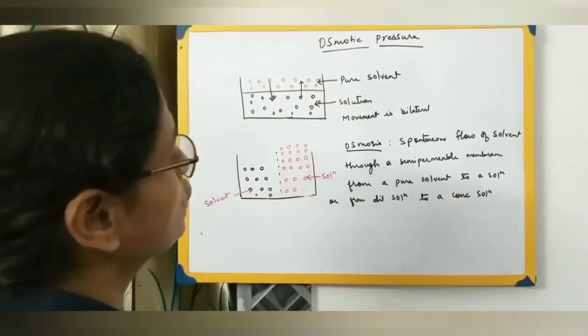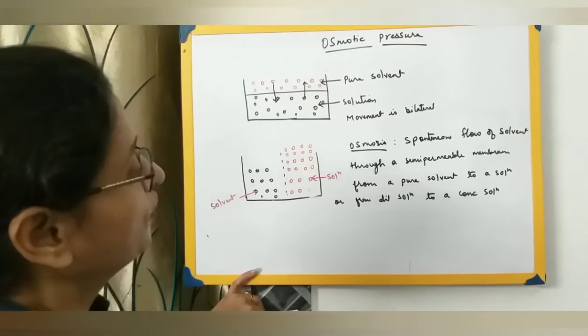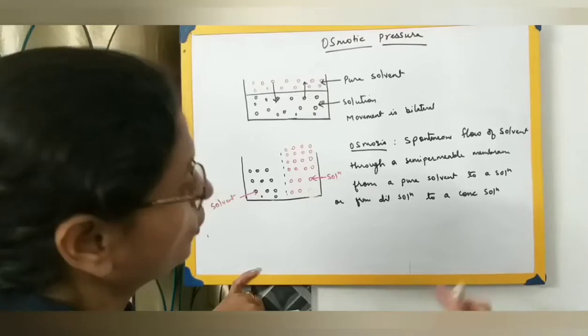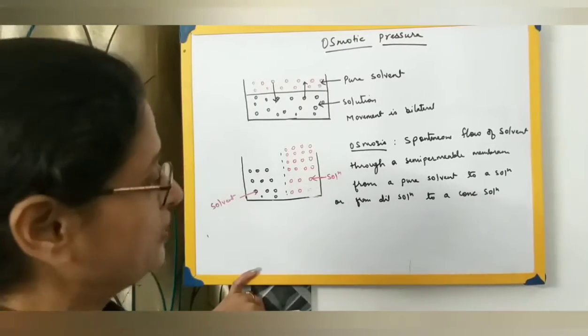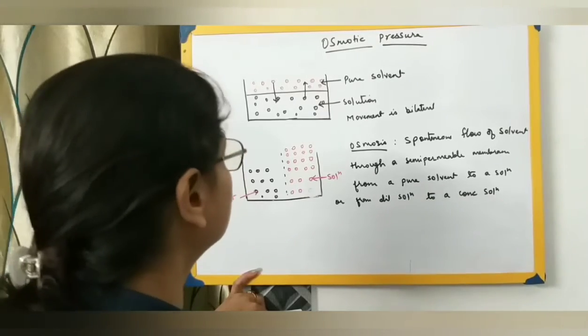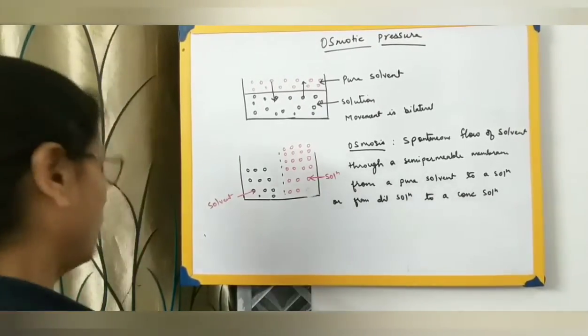I repeat once again, osmosis is the spontaneous flow of solvent through a semi-permeable membrane from a pure solvent to a solution of higher concentration. When we talk about a solution, obviously the concentration is more over here, or from a dilute solution to a concentrated solution. This process we call the osmosis process.